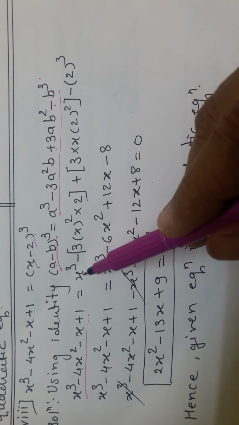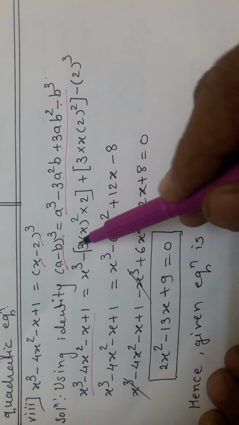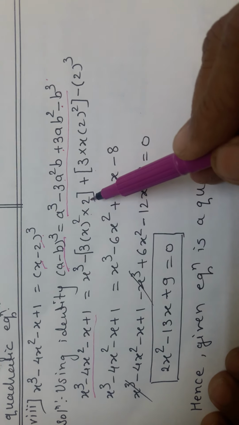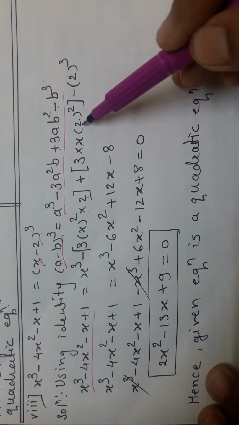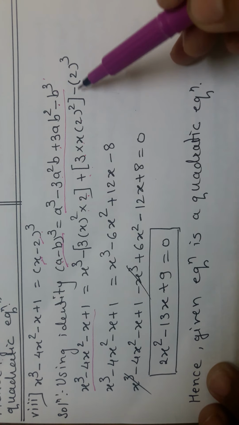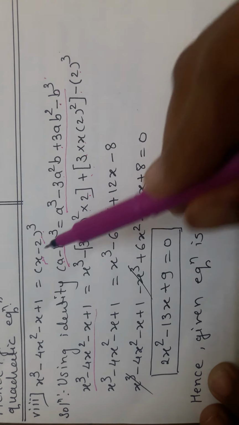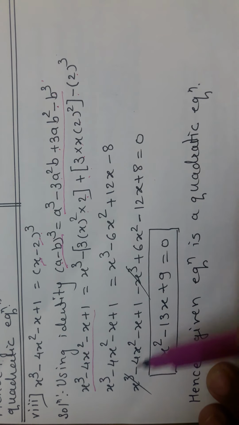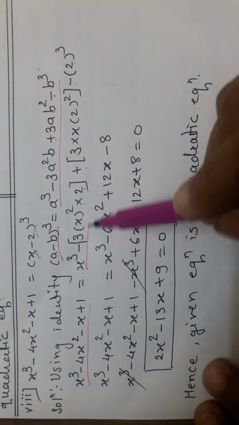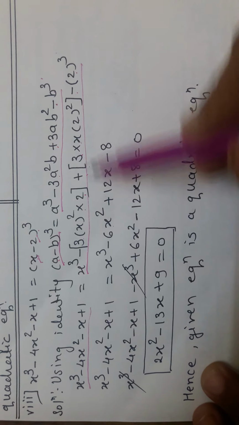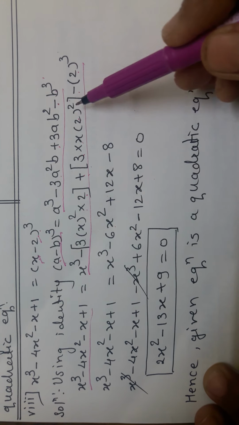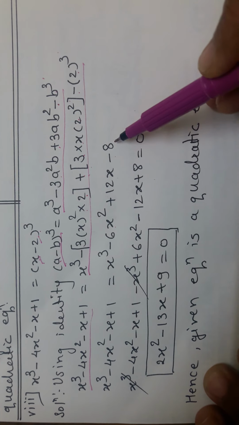So first term means x cube minus 3 into first term square means x square into 2, plus 3 into first term means x, and minus 2 square means 4, minus 2 cube, that is nothing but 8. So what we will get, this expansion of this identity: x cube minus 6x square plus 4, 4 3s are 12x, minus 8.